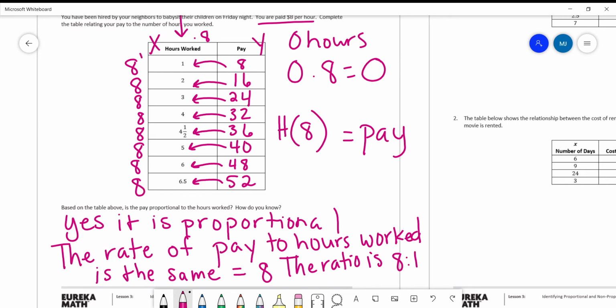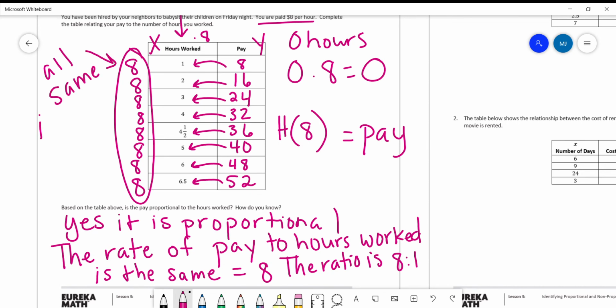So if you get the same result here, you know it's proportional. And again, I'm shortening proportional to prop.